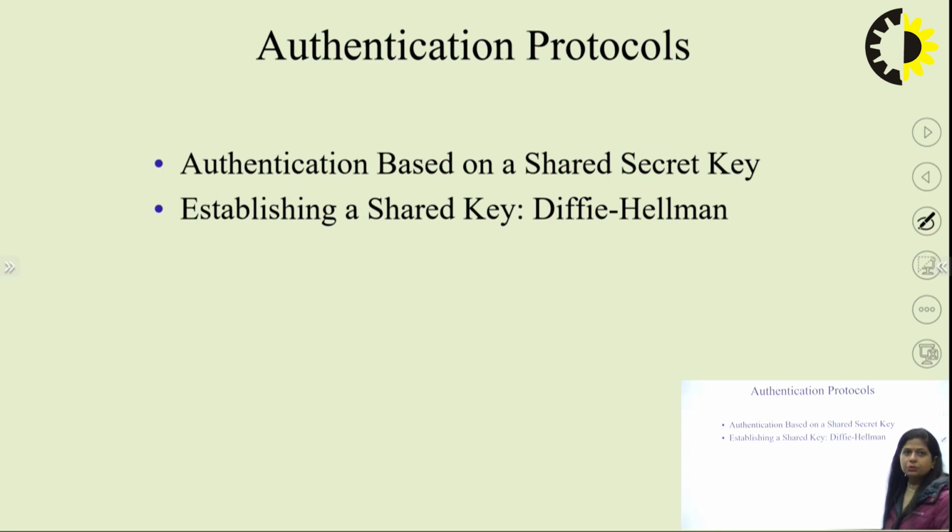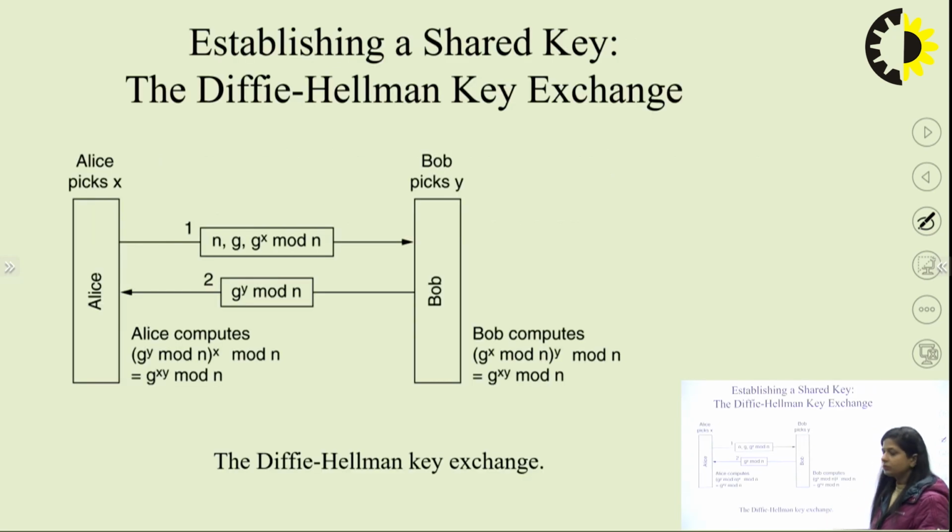The authentication protocols are also used, and they play a very important role in providing network security. So, authentication based on a shared secret key, and establishing a shared key. For establishing a shared key, we use the Diffie-Hellman algorithm, right.